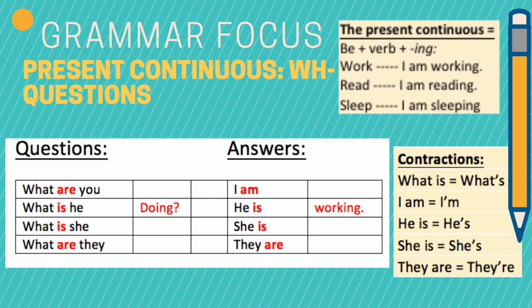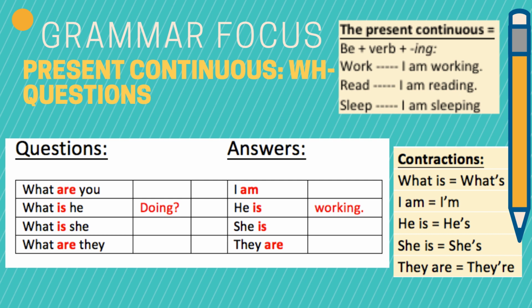I am becomes I'm. He is becomes he's. And she is becomes she's. The last one says they are, and the contraction is they're.